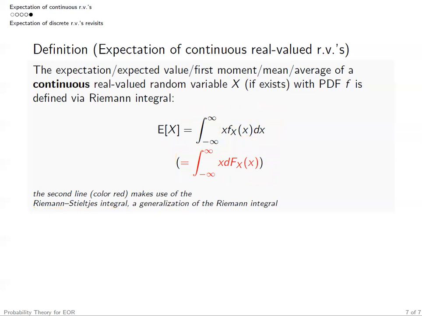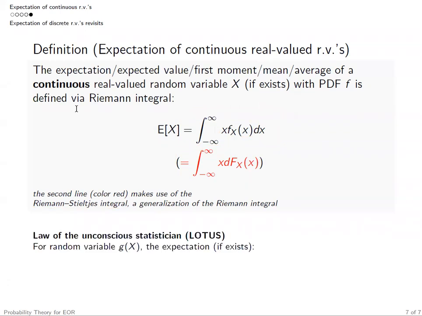What are the nice properties of this one? Well, we still have the LOTUS, the law of the unconscious statistician. For a random variable g(X), we only need to know the distribution of X to calculate its average value. We don't have to derive the CDF or PDF of the random variable g(X).